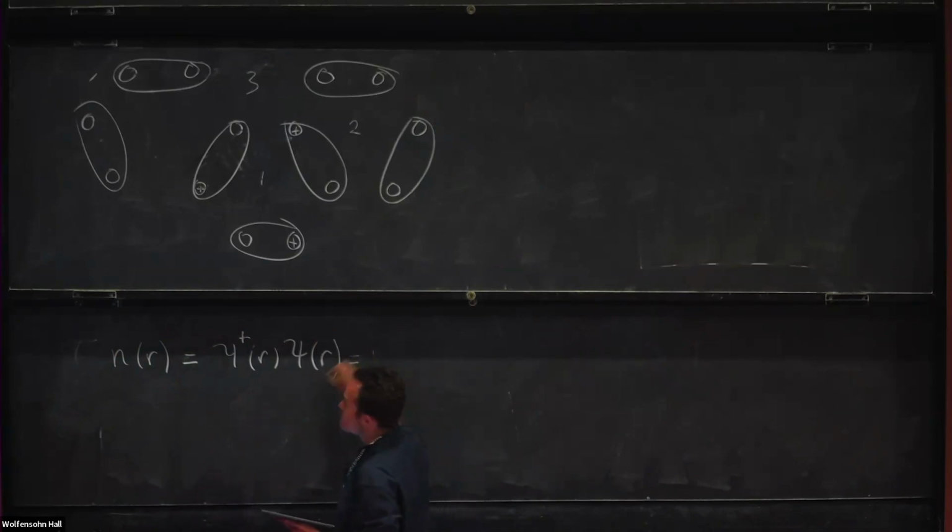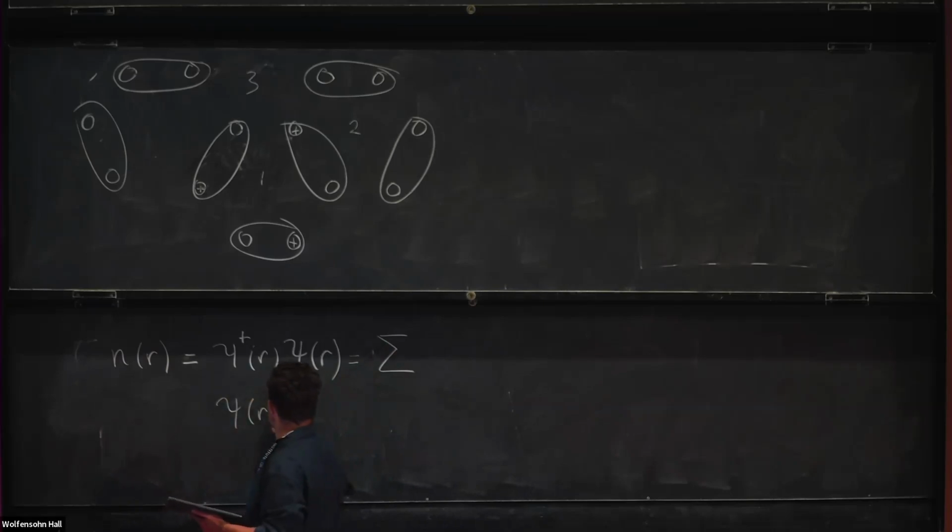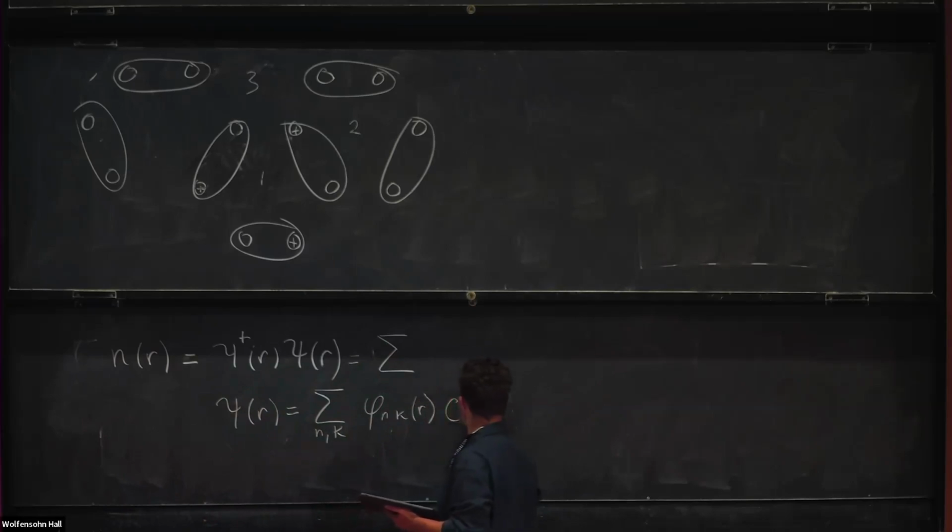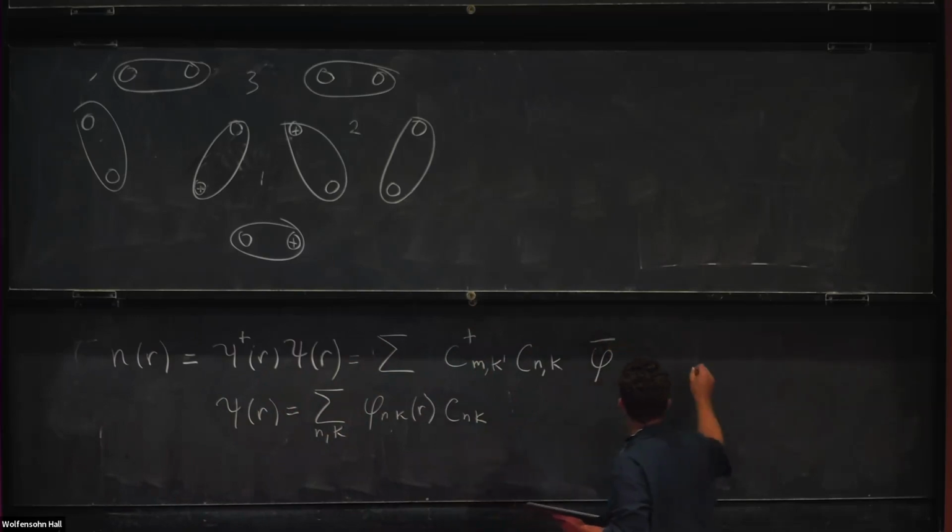And then I can substitute in that the field operator, psi(r), is a sum over bands and momenta of phi_nk(r) c_nk. So when I then go to compute the density, this is something like c dagger_mk prime, c_nk, phi bar_nk prime(r) phi_mk(r).